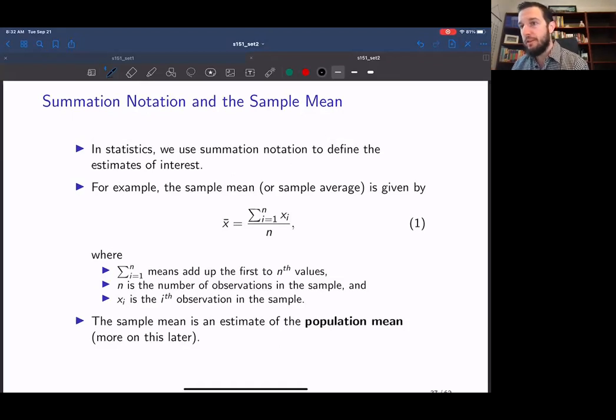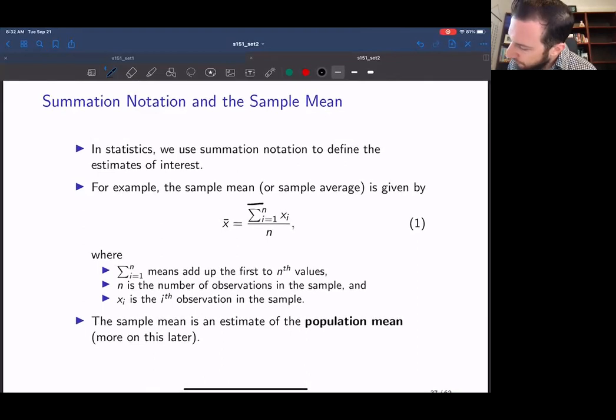So, for example, we're going to start off by looking at the notation for the mean because we know how to calculate a mean based off of description. So we know that the mean is found by taking all of the values in the data set and adding them together and then dividing by the number of values. So the notation here is actually describing this process.